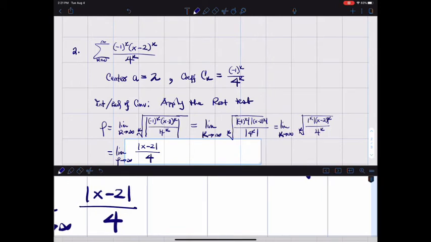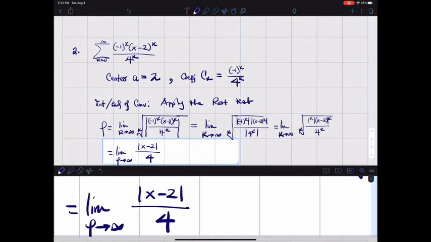Now, for convergence, we want this value to be less than 1.